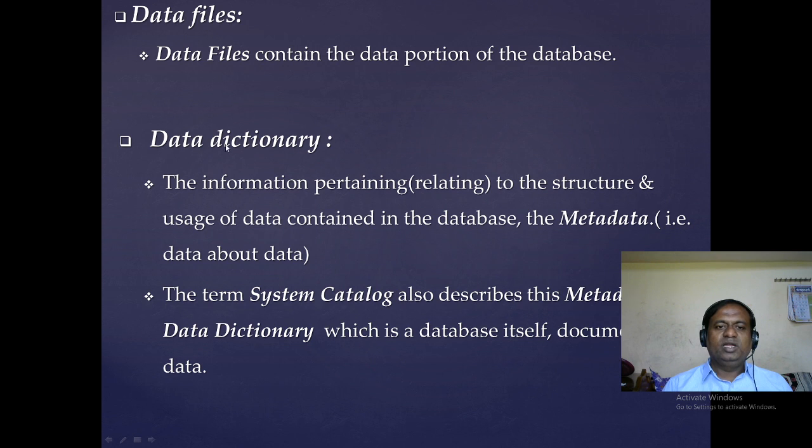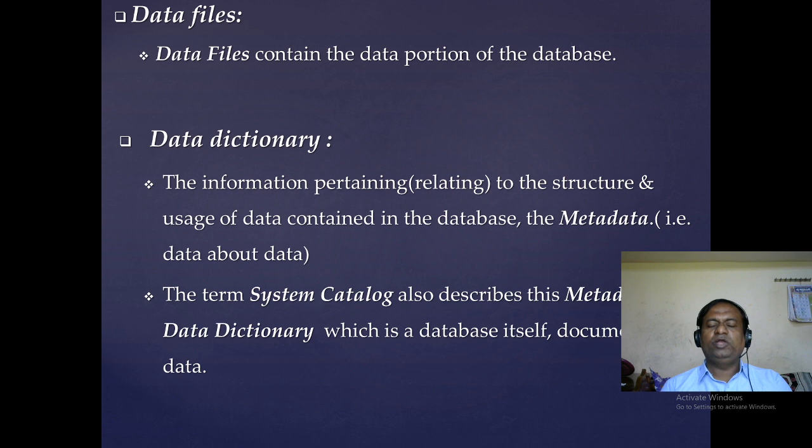Data dictionary. The information pertaining to the structure and usage of data contained in the database, that is metadata. See, I told you, the actual data that we are storing in the database is stored in data files. Now, the data file might have some size. So, from the available size, how much have you utilized and how much is free for use?